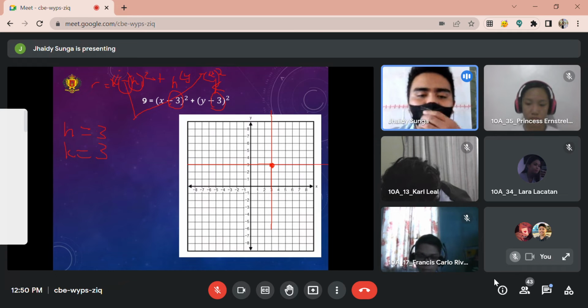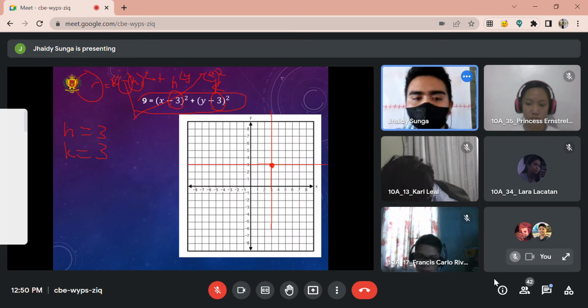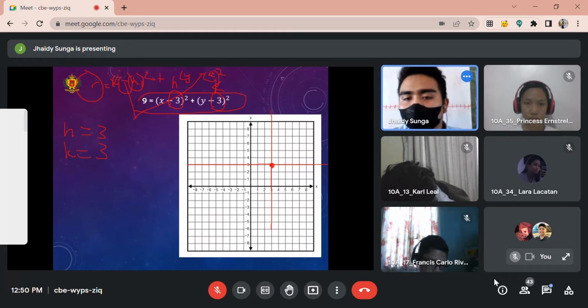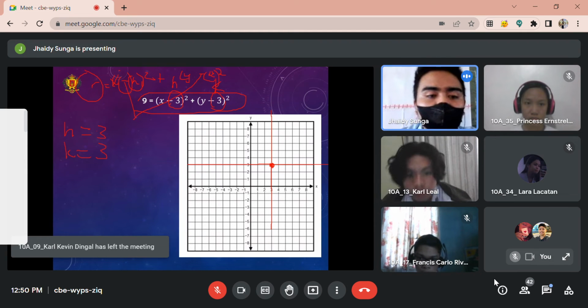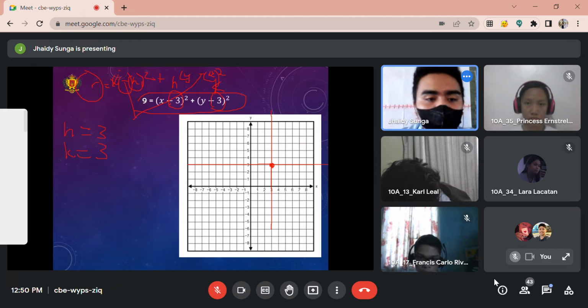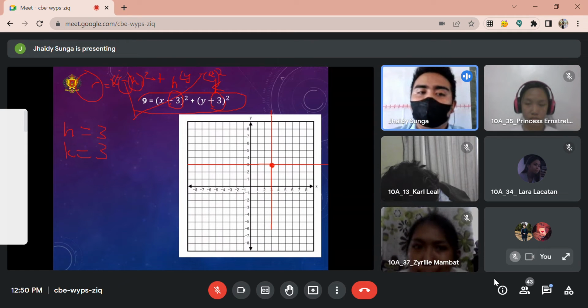If you notice, from the radius that you have, what is the radius of this equation of the circle? Zyril, what will be the radius? Is it 9?